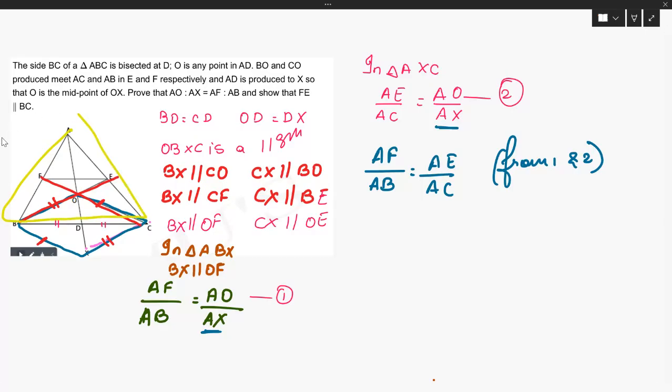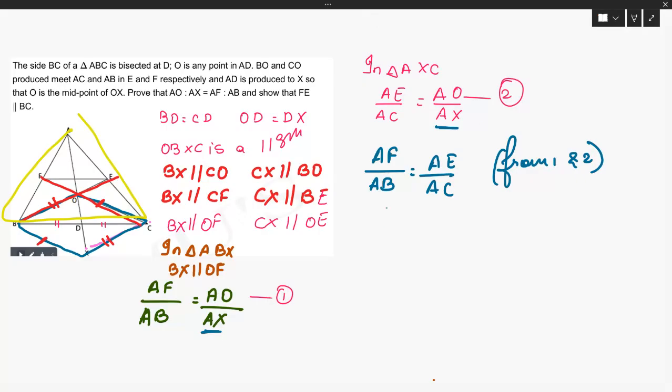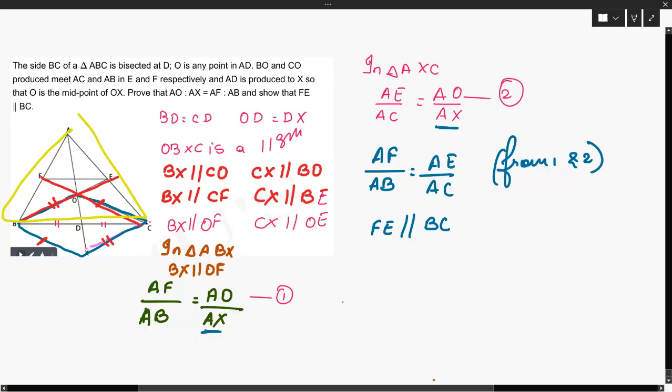Then, with the help of the converse of the basic proportionality theorem, we can say that FE is parallel to BC. So you can write here by converse of BPT. Clear?